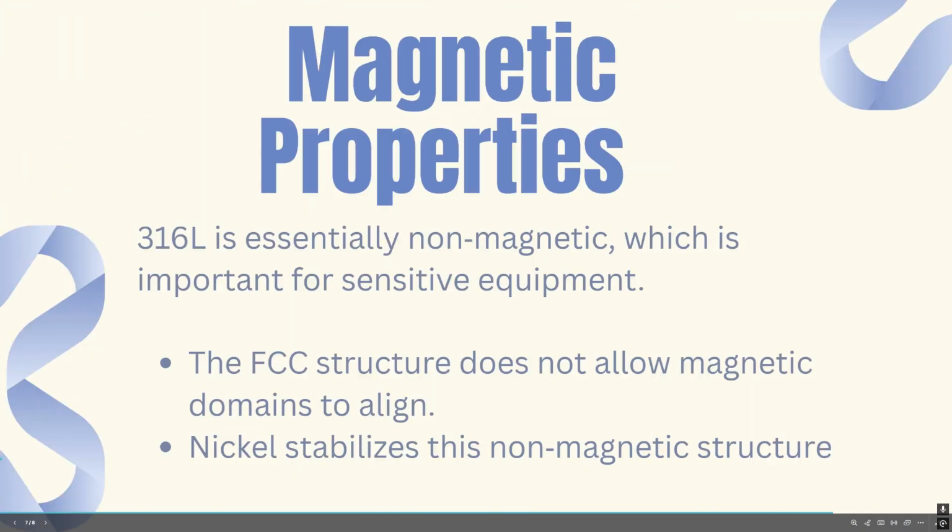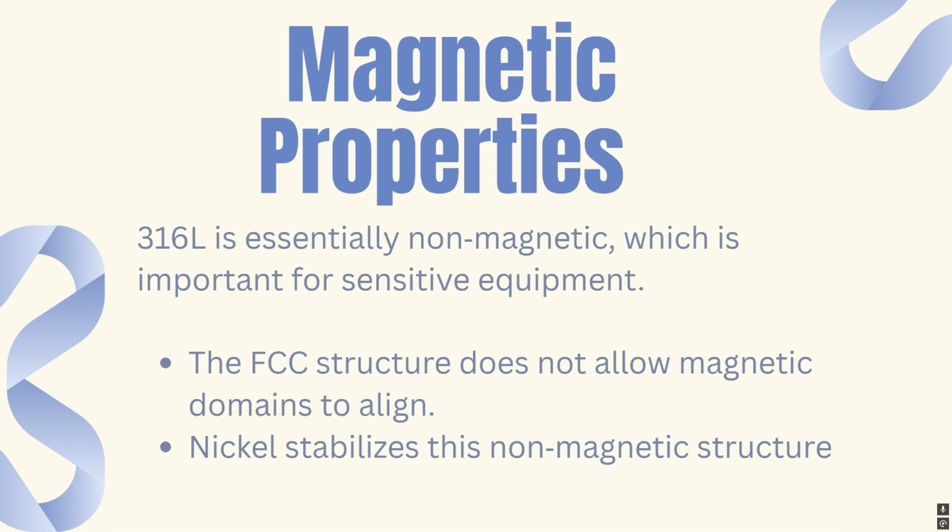Okay, the magnetic property: all you have to know is that 316L is non-magnetic. For example, MRI machines use strong magnets, and magnetic materials are dangerous there, so that's what we don't want.